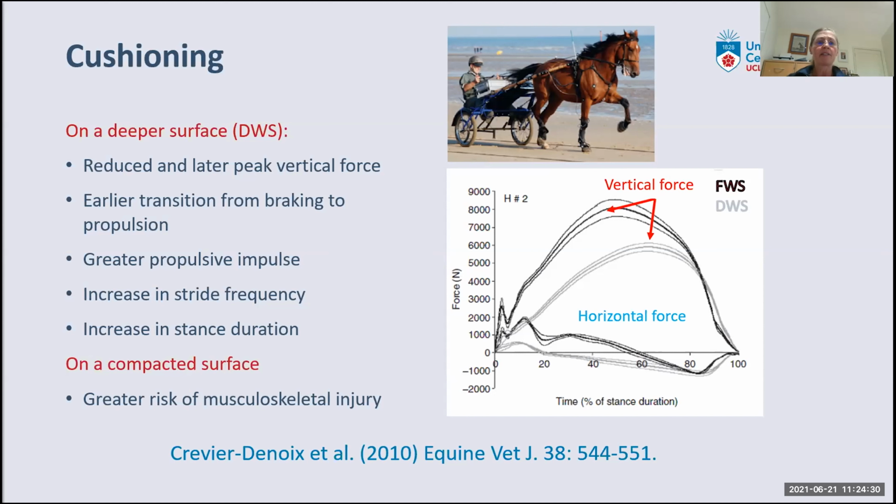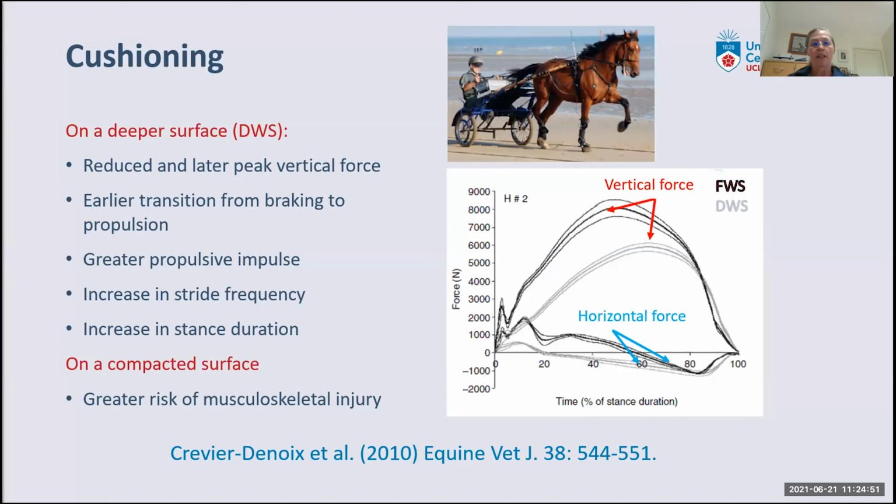In that case, there has to be some compensation, and this is in the horizontal forces. If I just point to those for a minute, remembering that the lighter grey line relates to the deep wet sand, what you see there is a much earlier transition from braking to propulsion.